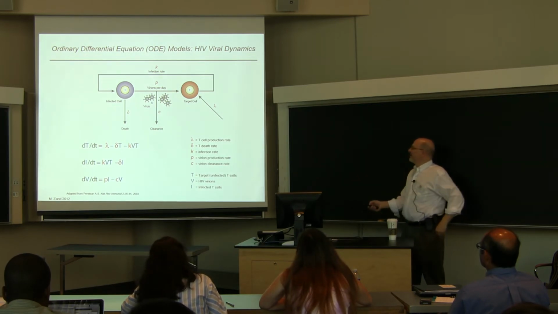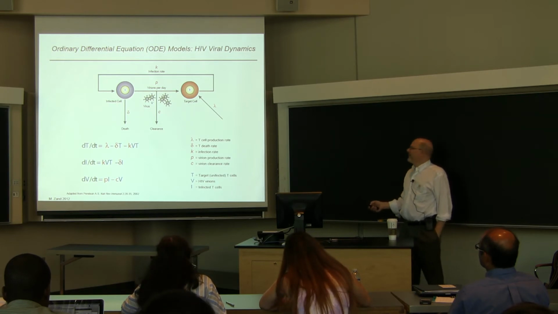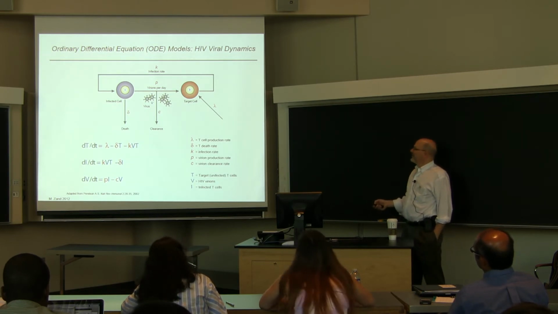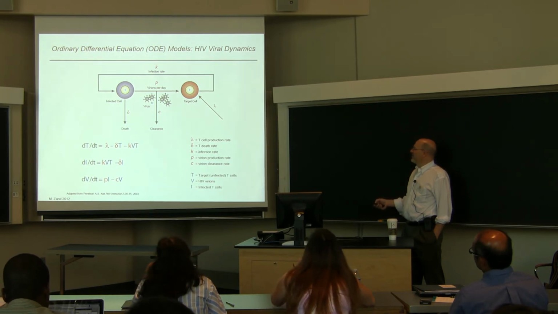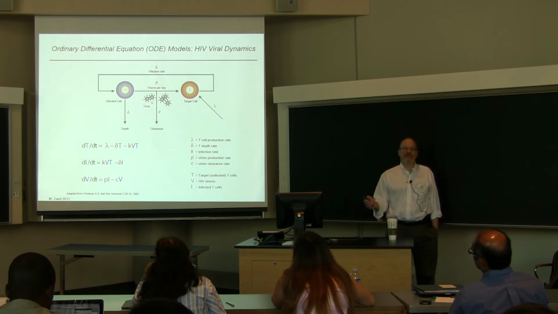Okay? Differential equations. So this says the change in time, or the change in the number of target cells over time is proportional to the T cell production rate minus the death rate times the number of T cells minus the infection rate. And you notice that for an infection to occur, the T cell and the virus have to come together.